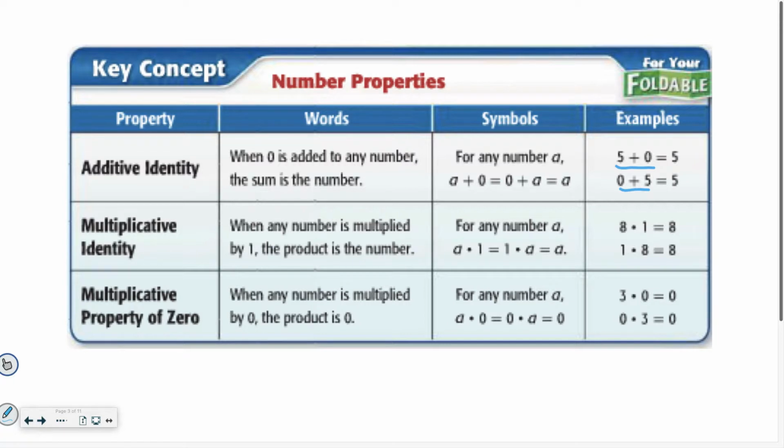Multiplicative identity is when you multiply something by 1. So 8 times 1 equals 8, or 1 times 8 equals 8. Multiplicative property of 0 just says that if you multiply any number by 0, you end up at 0. Okay?